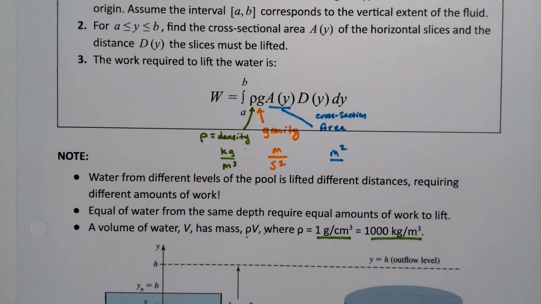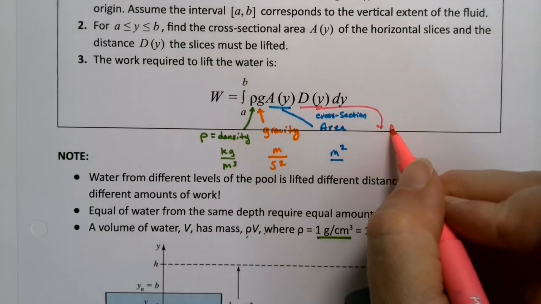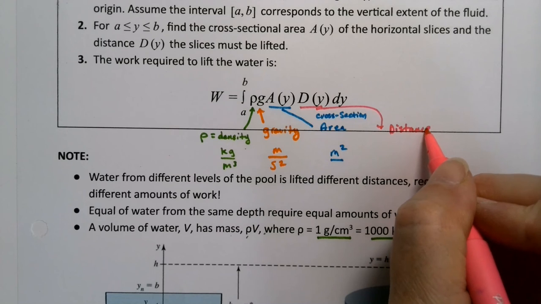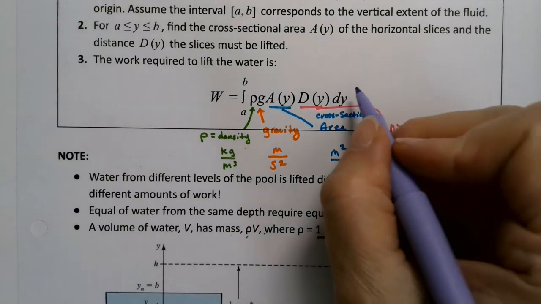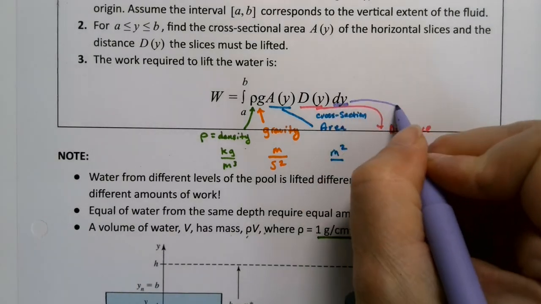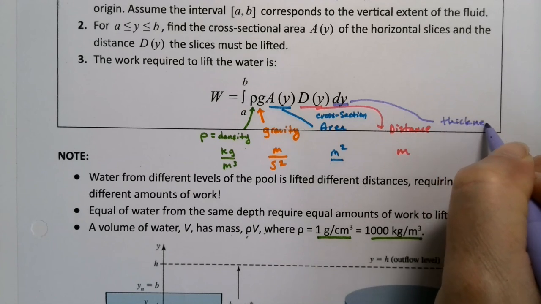And then we would multiply it by d of y, which is the distance that we have to lift it, and distance would be in meters. And then, of course, dy is the thickness of the wedge of water you're trying to lift, which is also in meters.